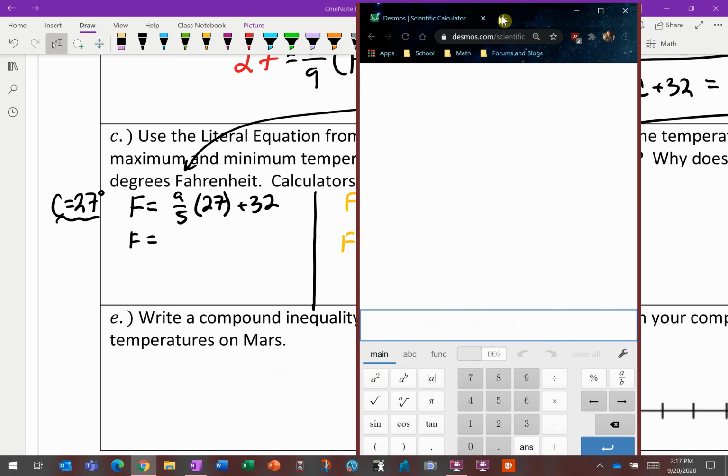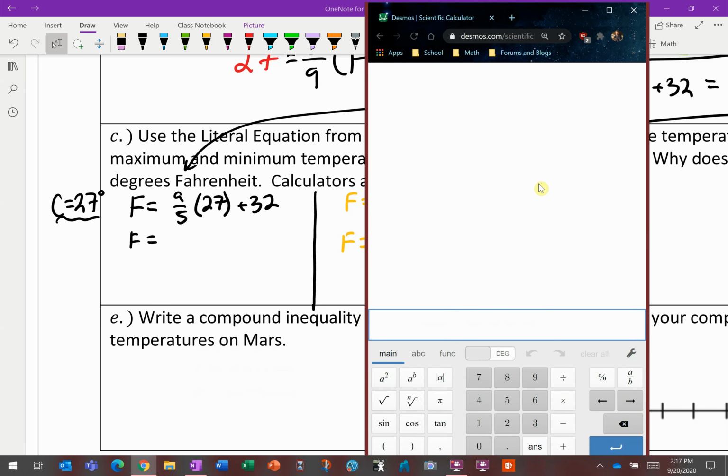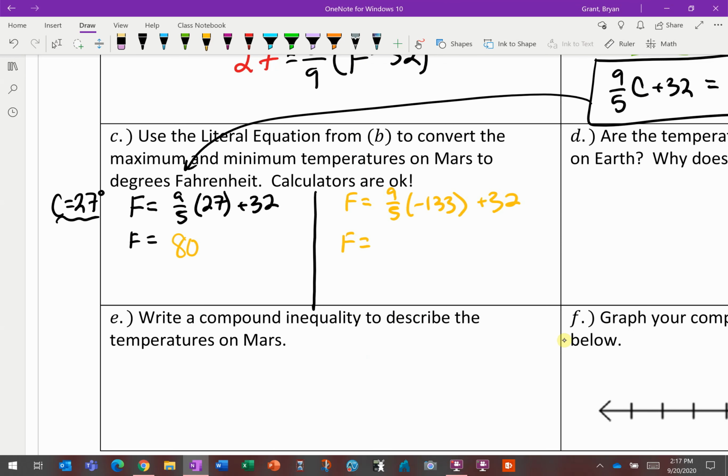So, looking at this very quickly, our first one is going to be 9/5, and we can just use the division symbol to get that divided by 5, right? Times 27 plus 32. And it says we get 80.6. So 80.6, we should keep our colors consistent. Okay.